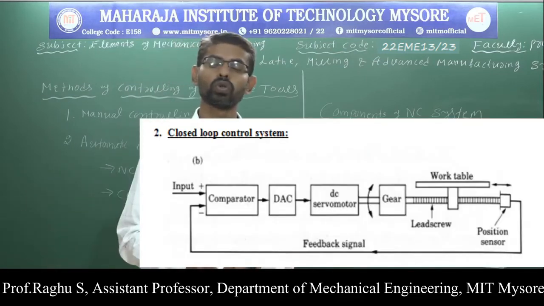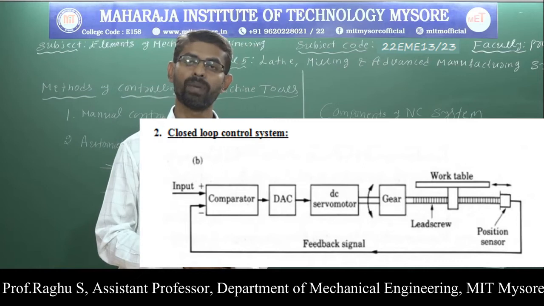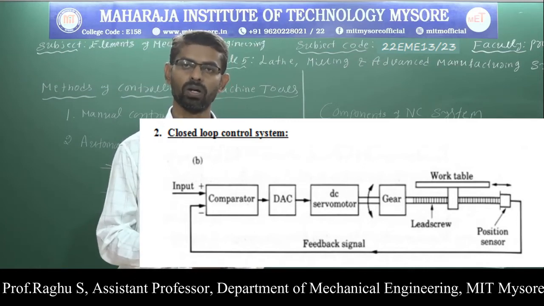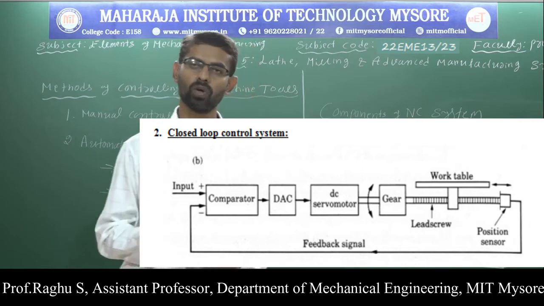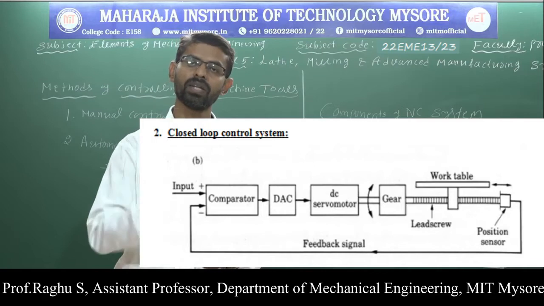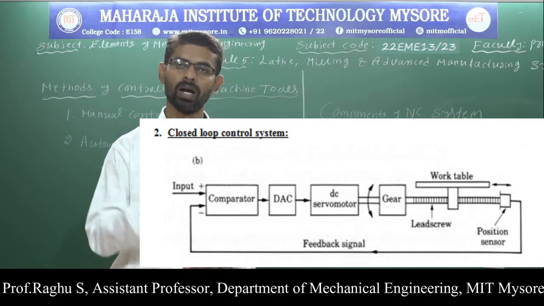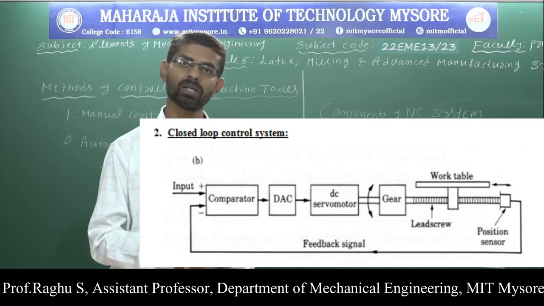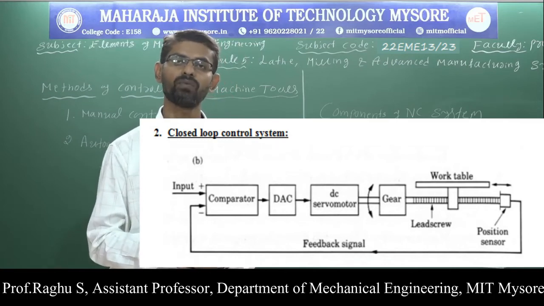The figure shows a closed loop system. This system uses a feedback signal, and hence it is possible to monitor the table position. This system uses a DC servo motor, sensors, and a comparator. The sensor measures the position of the work table and sends it to the comparator. In the comparator, comparison is made between the input signal and the feedback signal.